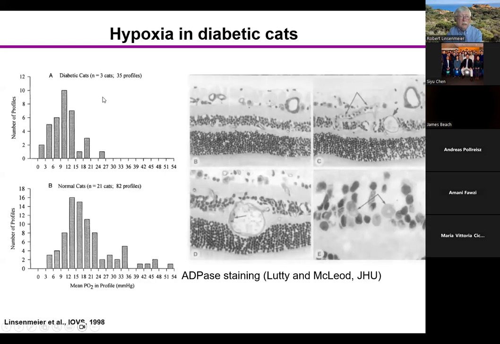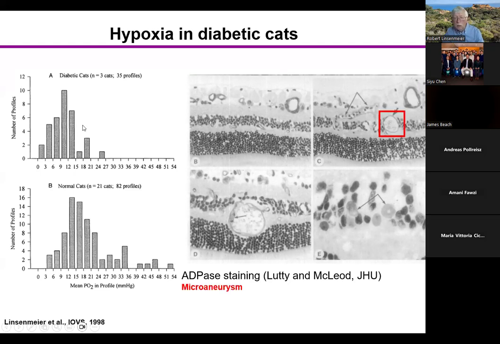If we look at a histogram from the diabetic animals, it's shifted to the left relative to the normal cats down here at the bottom. And then we were able to send these eyes to our colleagues Jerry Luddy and Scott McLeod at Hopkins, and they did histology of the retinas and were able to identify the regions where we had made microelectrode penetrations.